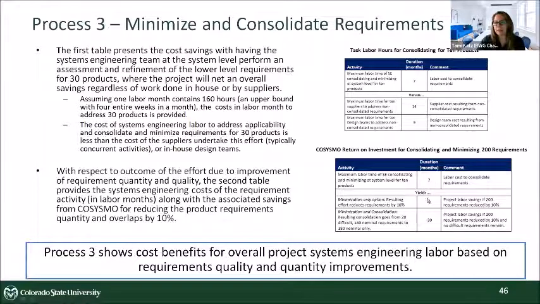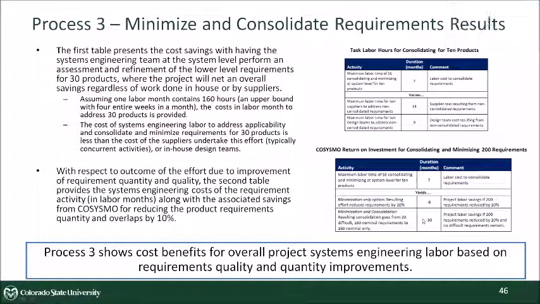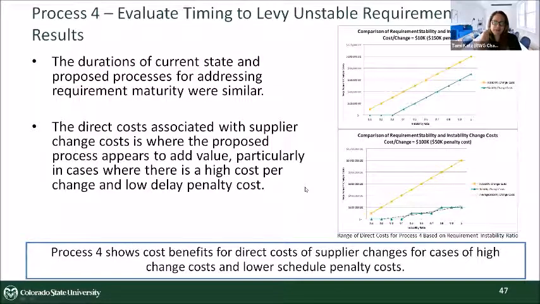Spending time, maybe even half a year if you have a lot of requirements, to really make sure those requirements are consolidated could save you several months. The prediction on COSMOS may not be 100% accurate for all projects, but getting rid of your overlaps and improving your quality and quantity could reap great predicted savings from the SysML tool at least.